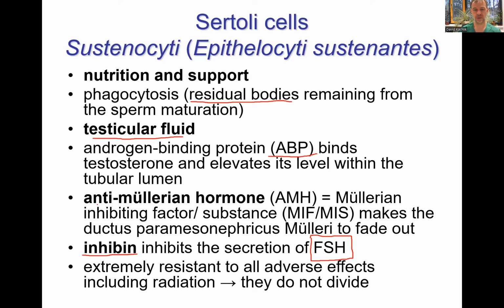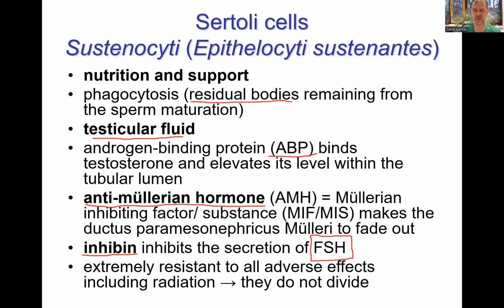During the development, it also produces so-called anti-Müllerian hormone, which causes fading out of the paramesonephric duct of Müller, which is a base for female excretory genital organs, so for uterine tube, uterus, and part of vagina.